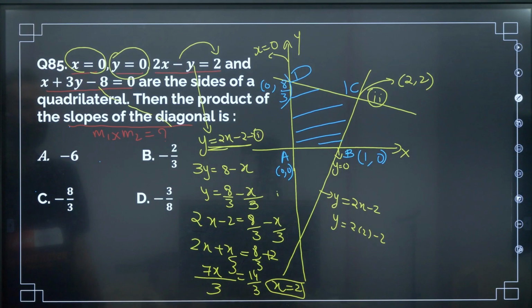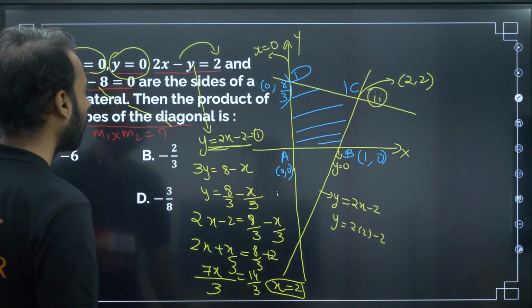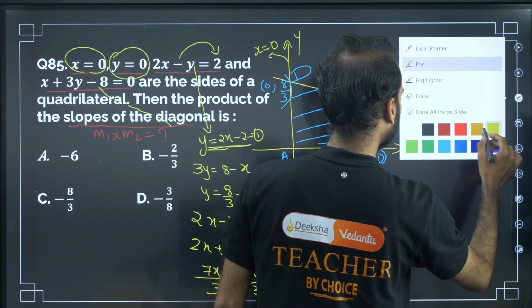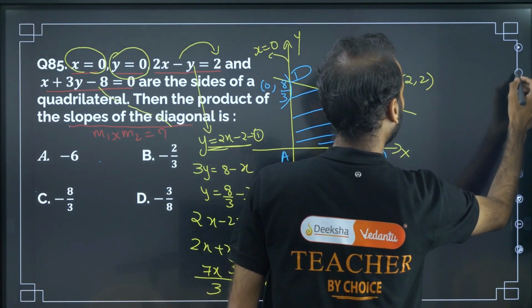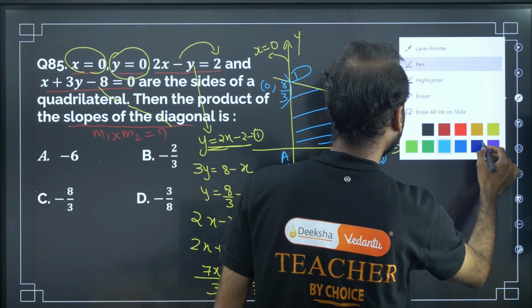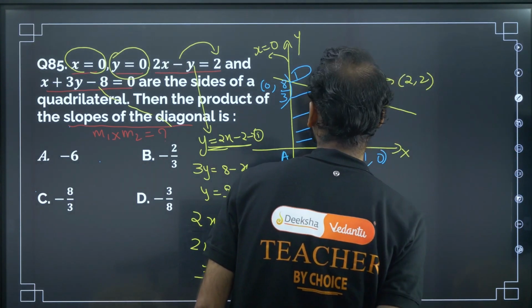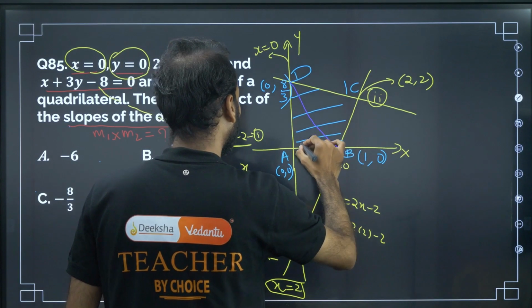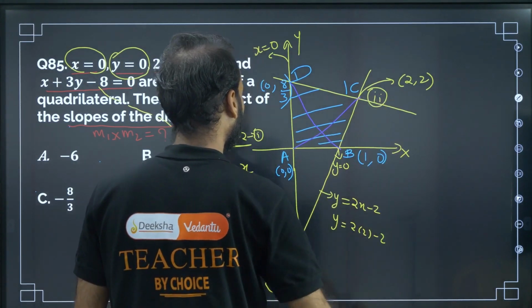Then the product of the slopes of the diagonals. So now you try to recall, what are they asking? They are asking to find the slopes of this and this.